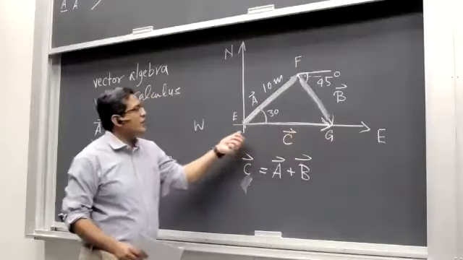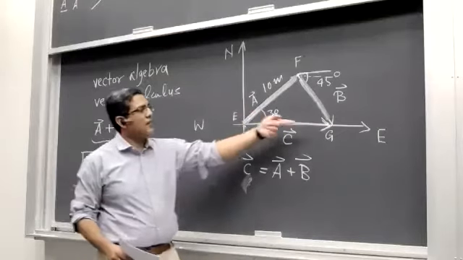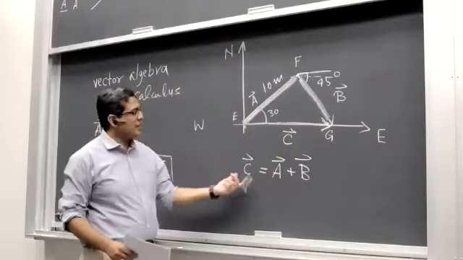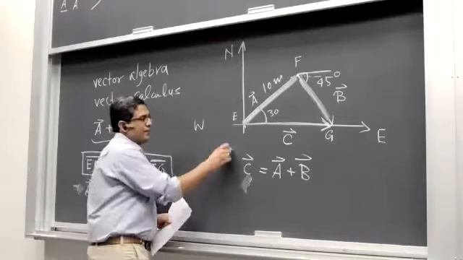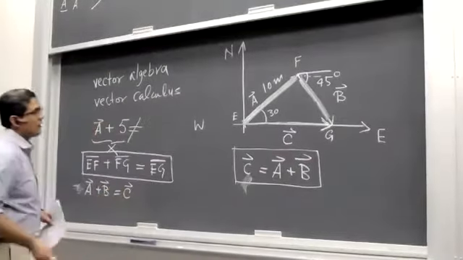And then finally, we draw a vector from the tail of the first vector to the head of the second vector, and that gives us the resultant vector, C. This is the first rule of vector addition.